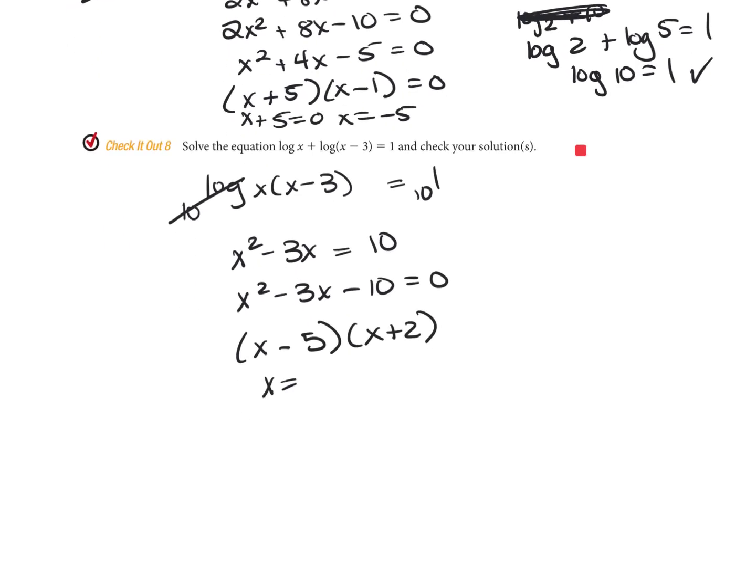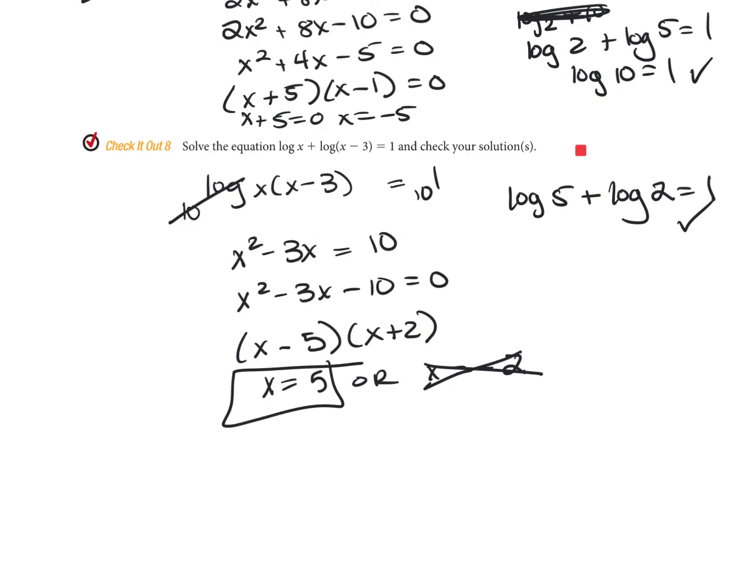X will equal 5 or x will equal negative 2. Checking my answers, the log of 5 plus the log of 2 equals 1, and we just verified that that's true. This one would be the log of negative 2. You can't take a negative 2 for a log, so this is extraneous. So that is my answer.